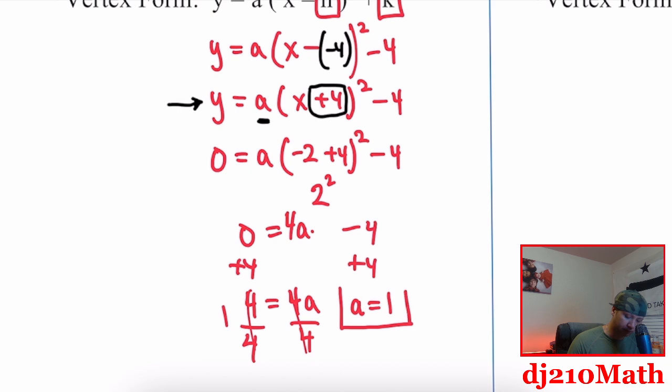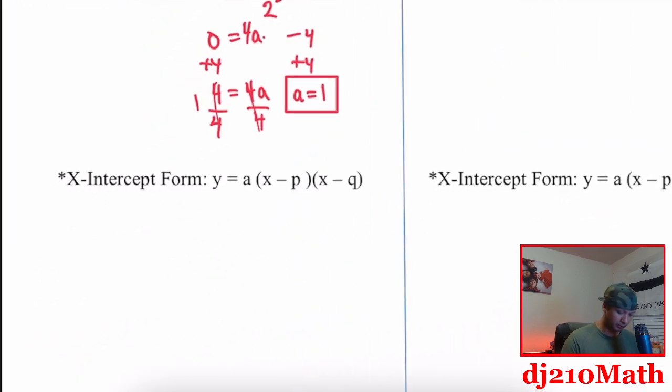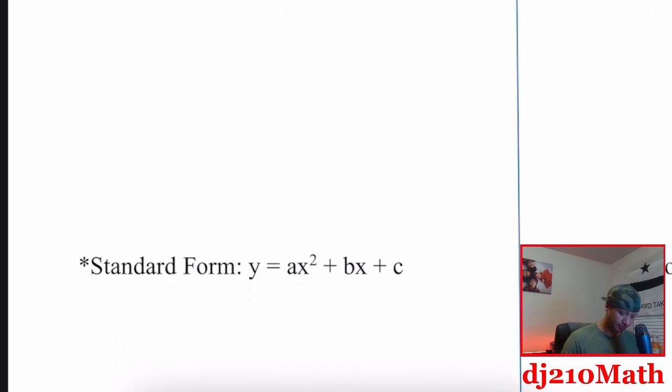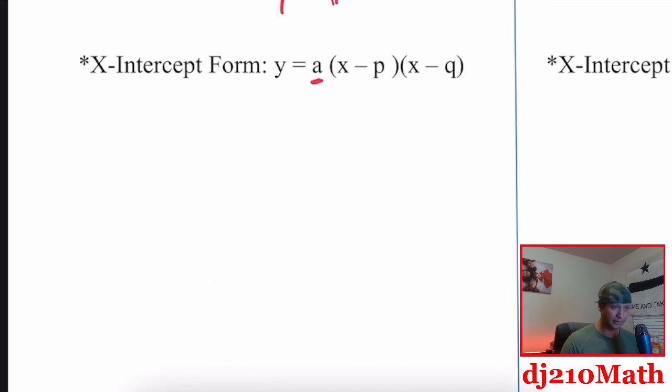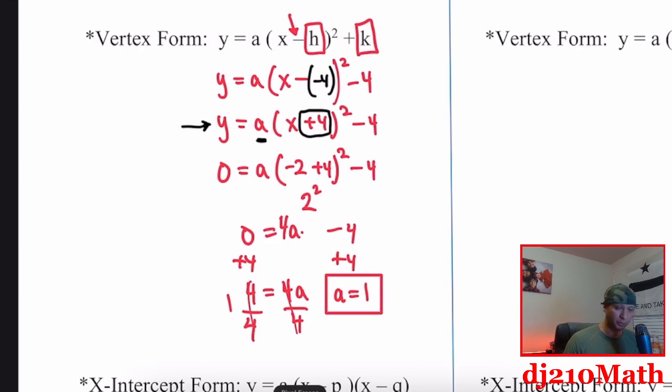So the good news is that this a value can get recycled and you can use it in the next two forms, right? Because notice, here's an a and here's an a. It's the same a. That's the good news. Even better news is that a is 1.